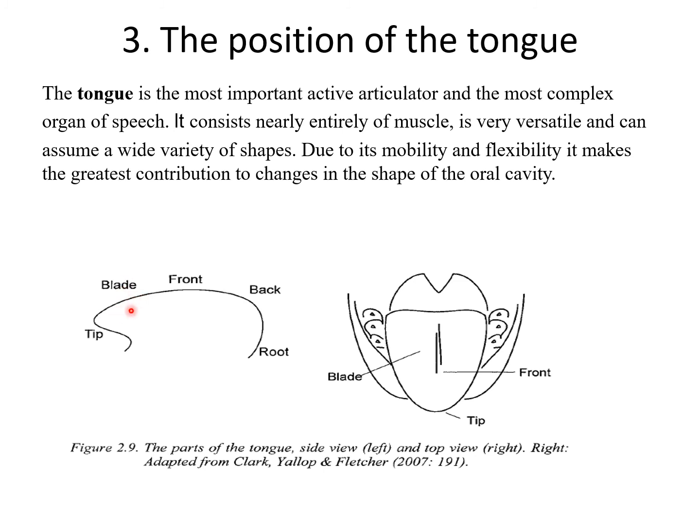Then there is the front, then the back, and then the root. Again, here you can see there are three parts: this is the blade, this is the tip of the tongue, and this is the front of the tongue, which is the most visible part.